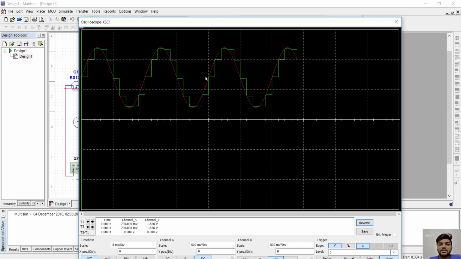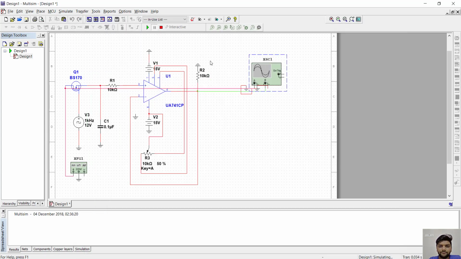It has 10 samples in one complete cycle. Now, as you can see, the signal won't be as perfect as the analog signal received, because these points will be connected straight. So there may be a chance of having a small loss of the data.